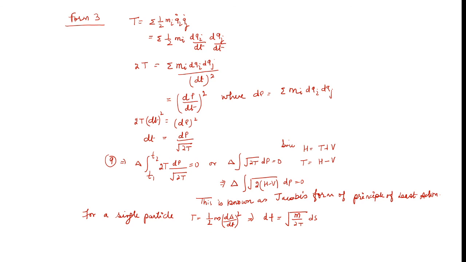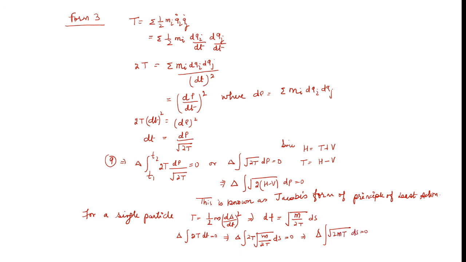And now replacing this dt, delta of the integral of twice T dt is equal to 0 implies delta of the integral of twice T root m upon twice T ds is 0, or it is delta of the integral of root twice m T ds is 0.